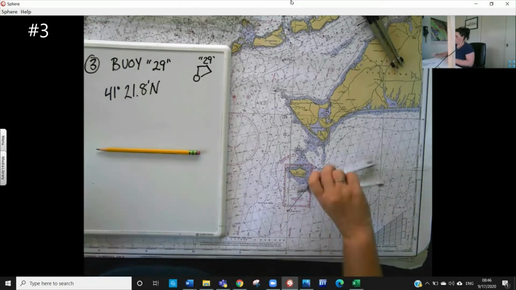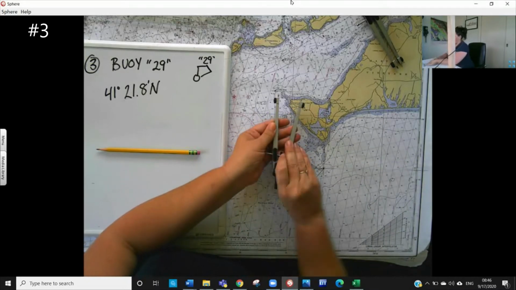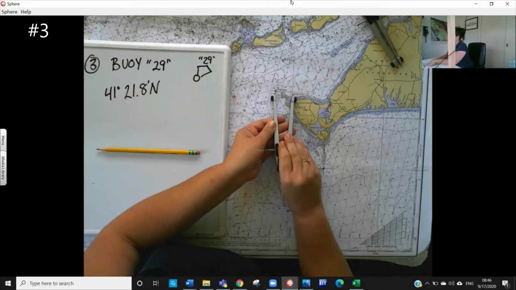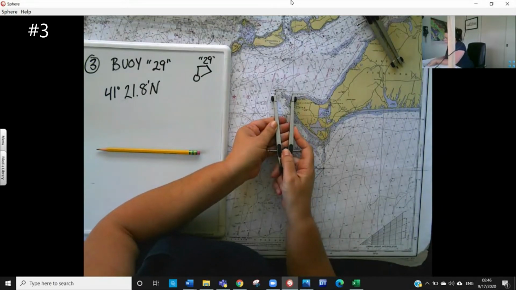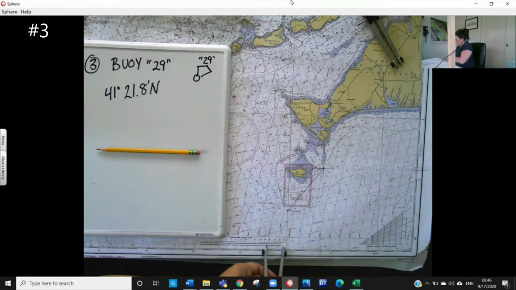For longitude, you're going to measure this way. How far are we off of this longitude line? So this buoy all the way down. This is 50, so we are on the lesser side of 71 degrees.